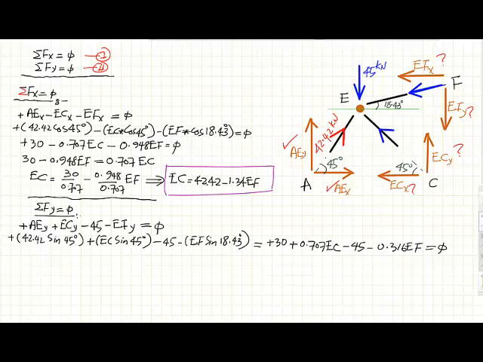So now this will be equal to minus 45 plus 30 is equal to minus 15.